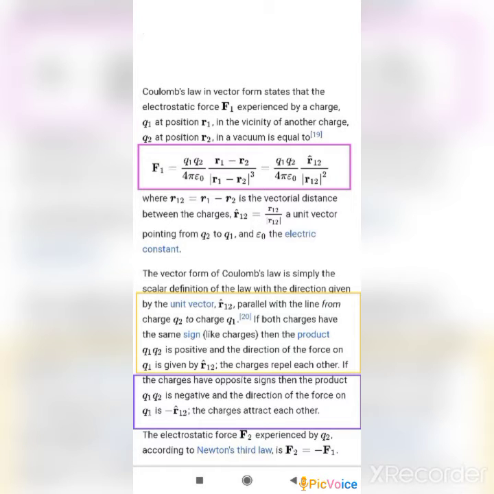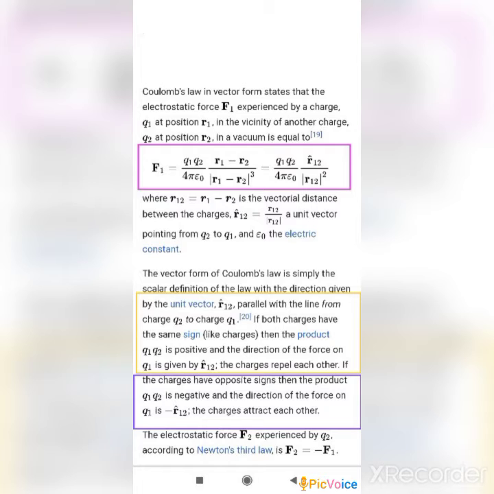We have two conditions. When Q1 and Q2 are like charges, the product of Q1 and Q2 is positive and the forces between them are repulsive. When Q1 and Q2 are unlike charges, the product is negative and the force between them is attractive.